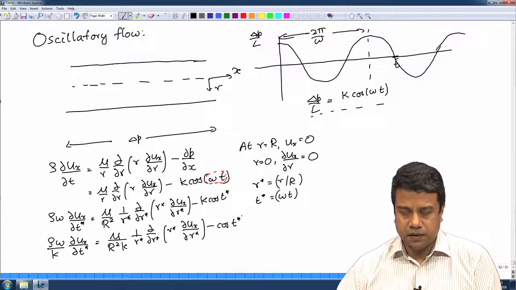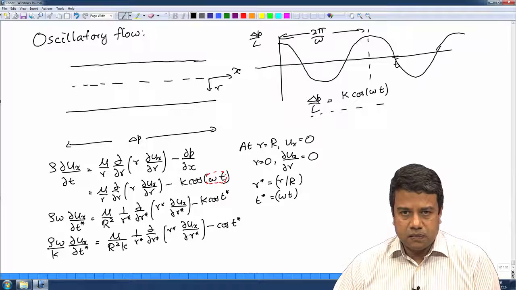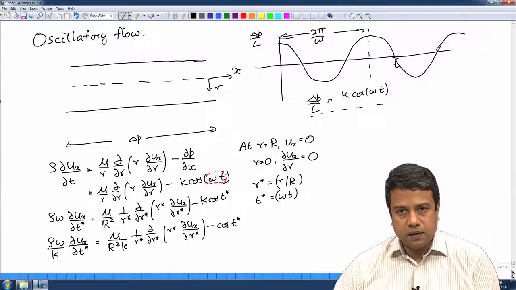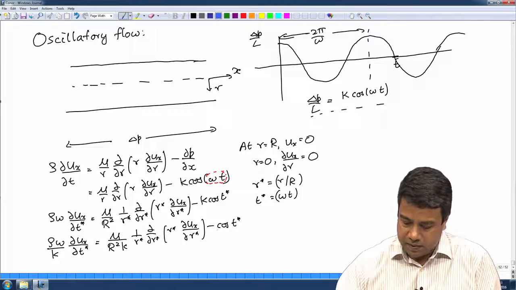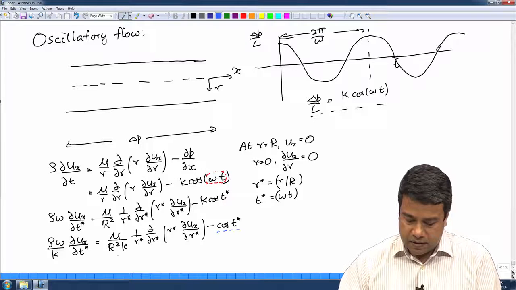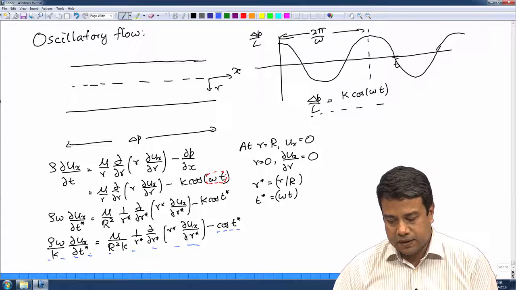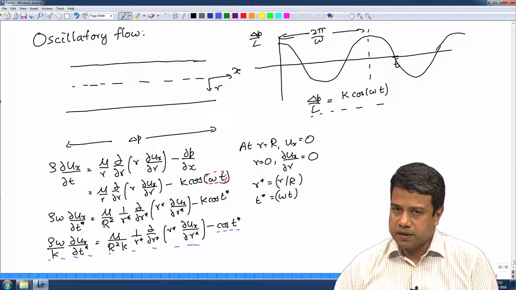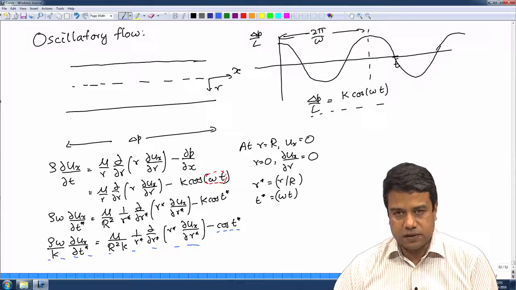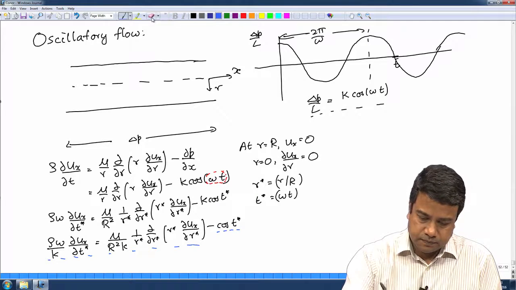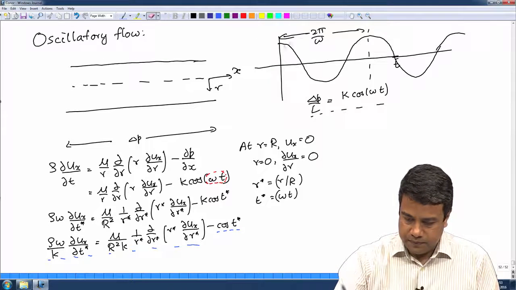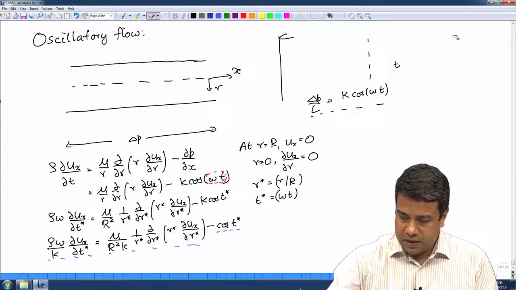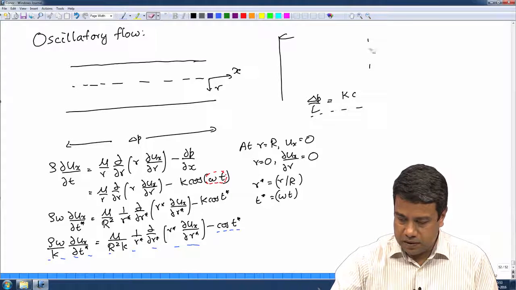Once I have divided throughout by k, this term here is dimensionless. That means that all the other terms in the equation are also dimensionless, because in an equation all terms have to have the same dimension. So I can scale the velocity now in one of two ways.